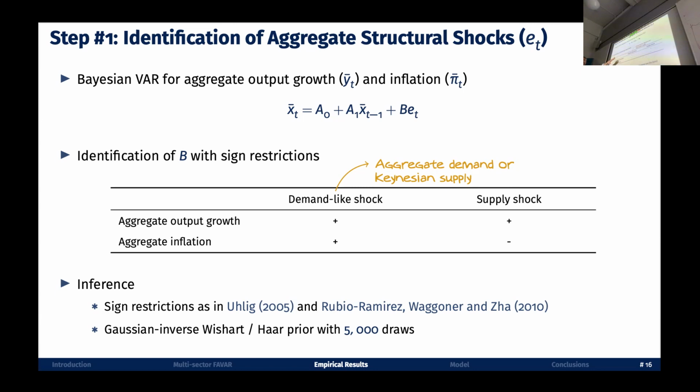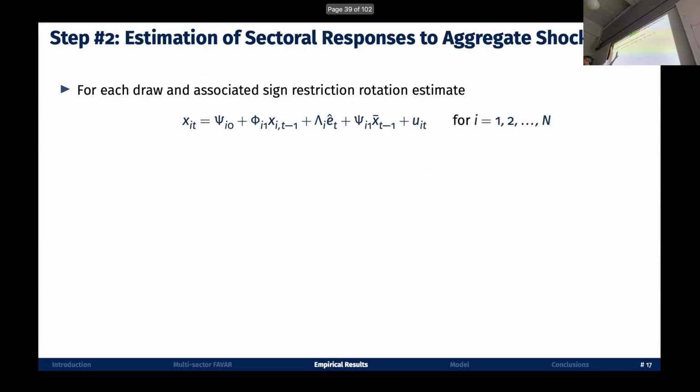And what I want to claim is that actually this thing is contaminated by the presence of these guys. The way in which I'm going to show it to you is by going back to my factor model, and I'm going to estimate, for each draw of my rotation matrix, for each sector from 1 to 64, this loading, lambda i, which captures how sectoral output and sectoral inflation respond to what I would have called an aggregate demand shock until yesterday.